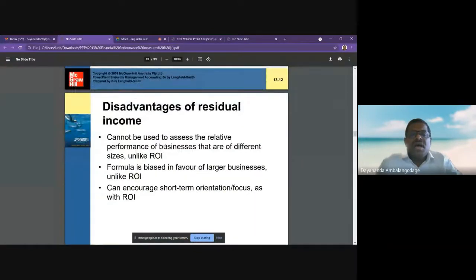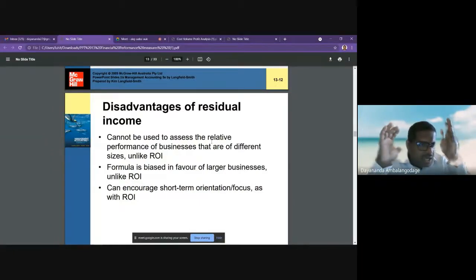So the disadvantage: RI does not show the size, and cannot be used to assess the relative performance of businesses that are of different sizes, unlike ROI. When you compare using ROI, that problem is not there.